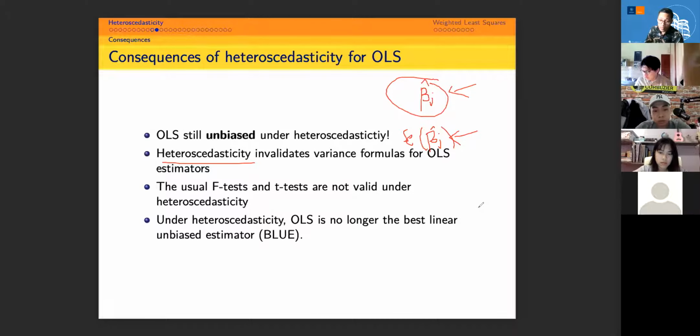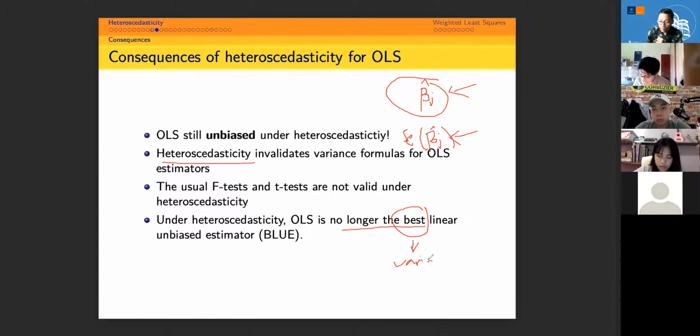Although under heteroskedasticity the estimated coefficient is still unbiased, it's no longer the best. So what does it mean to be the best? OLS, given that the assumptions are fulfilled, is the best linear unbiased estimator. The best here means that it has the smallest variance.